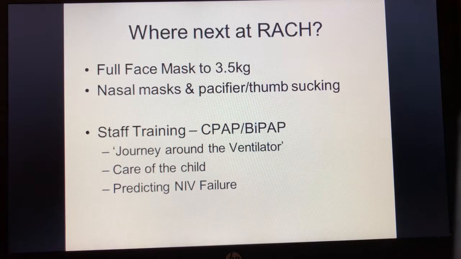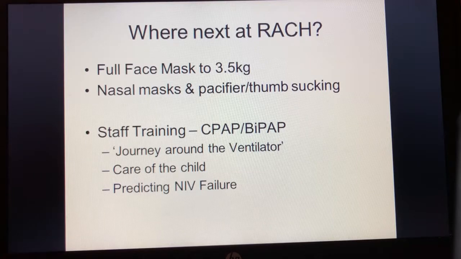So where next? Certainly in our unit, we're now exploring the idea of trying to use full face masks down to 3.5 kilogram children, which hasn't really been done very much before.